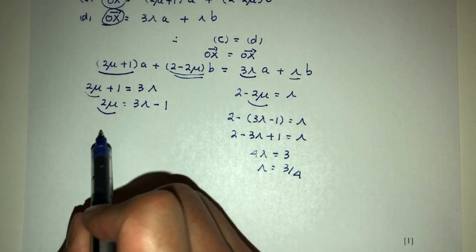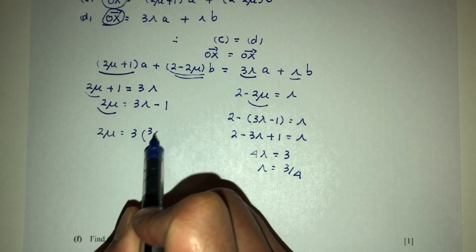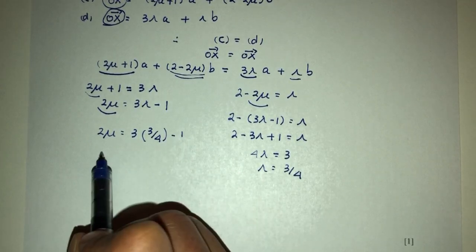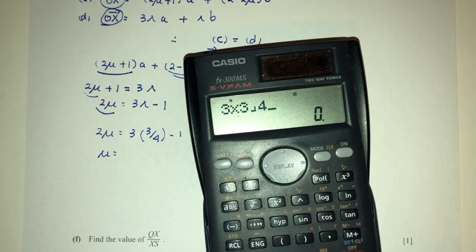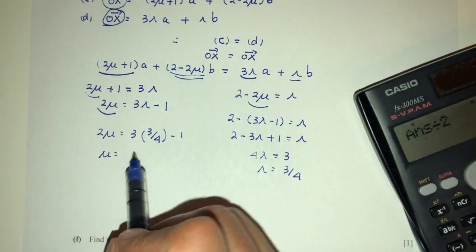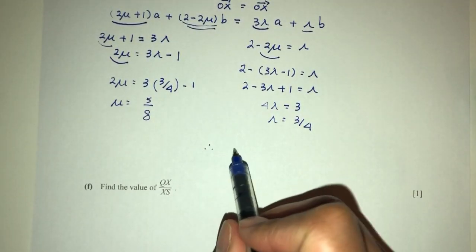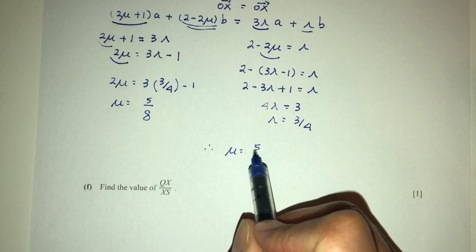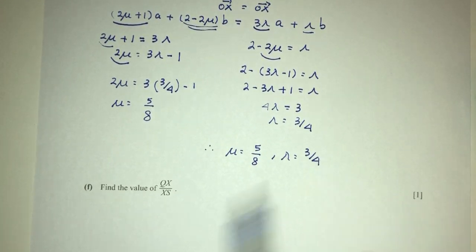Now replace the value here. So 2 mu will be 3 times 3 over 4 minus 1. Mu will be this value here. So 3 times 3 over 4 minus 1, divided by 2. That should be 5 over 8. So we have found the values that we need. So mu will be 5 over 8 and lambda will be 3 over 4.